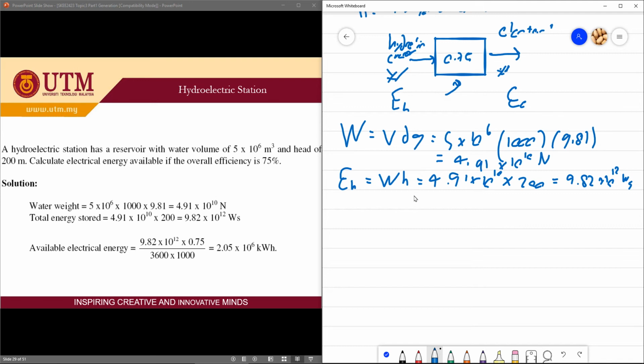So input is the hydraulic energy, so E electrical is just equal to efficiency multiplied by E hydro. So equal to efficiency 0.75 multiplied by 9.82 multiplied by 10 power of 12. Okay, you get the answer.